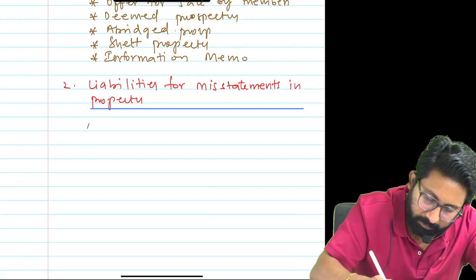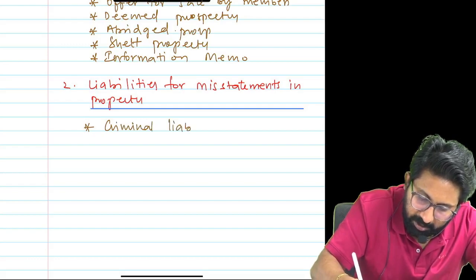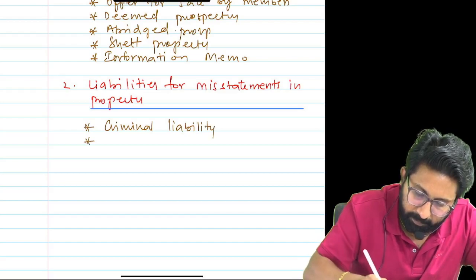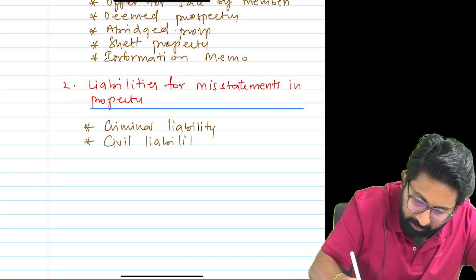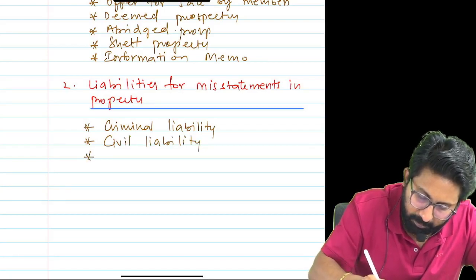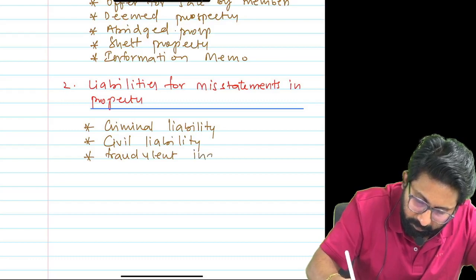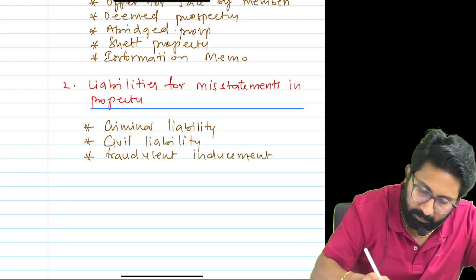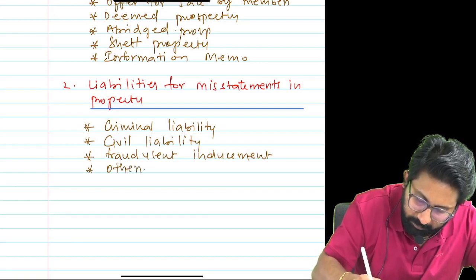Write down: criminal liability, civil liability, fraudulent inducement, others.